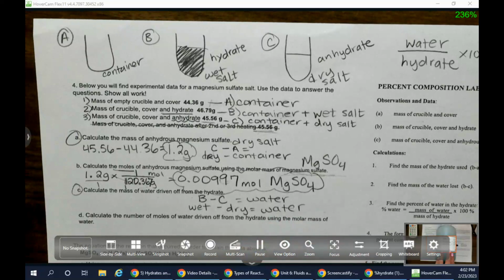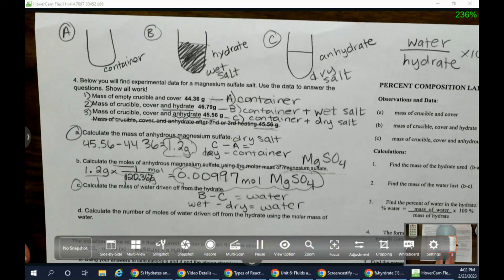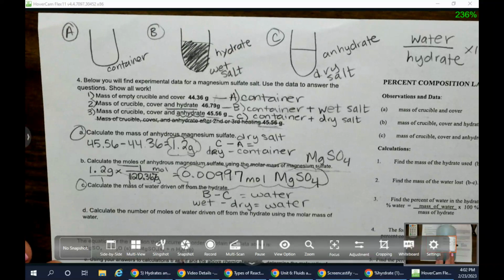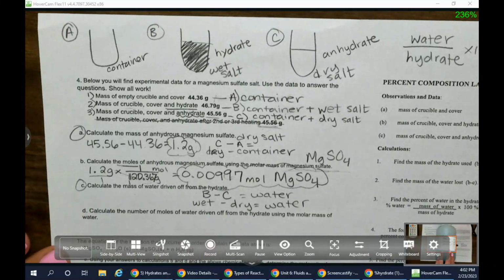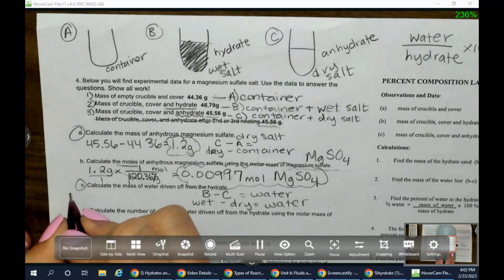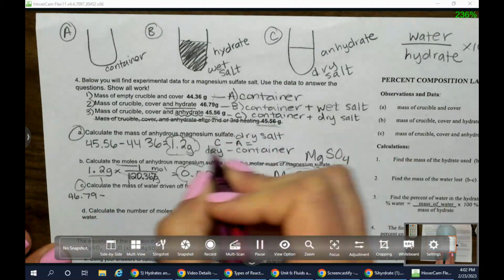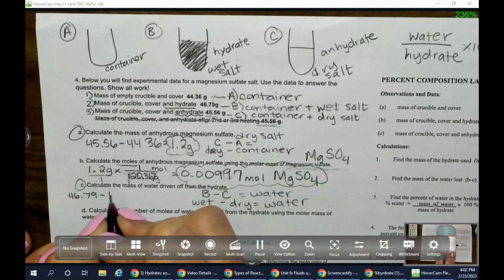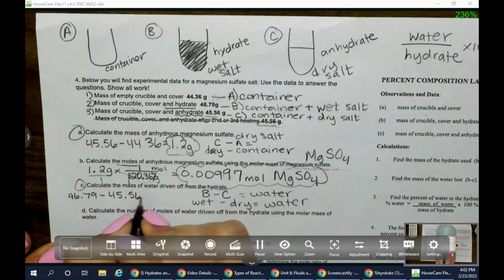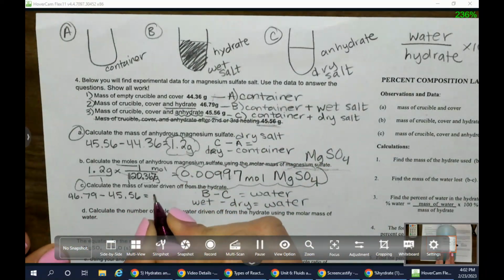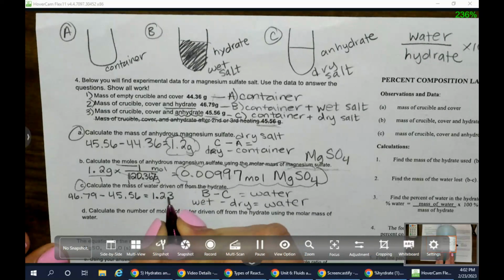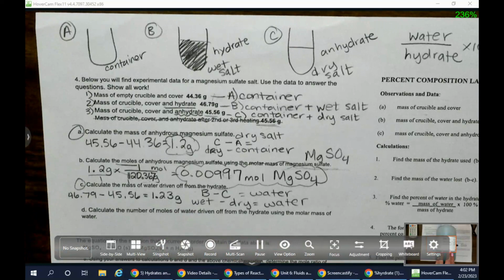The difference between wet and dry is water, right? So I have 46.79. I'm going to subtract the dry, 45.56. So you should be getting 1.23 grams.